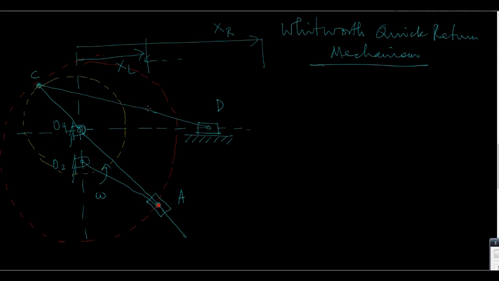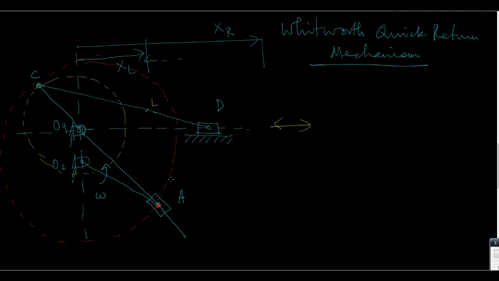And if this length is L, then wherever C happens to be, C to D, the distance is L, and D has to move on this line. Okay? Alright. Let's try something with yellow. Just make it a bit fatter and we'll eliminate it soon.